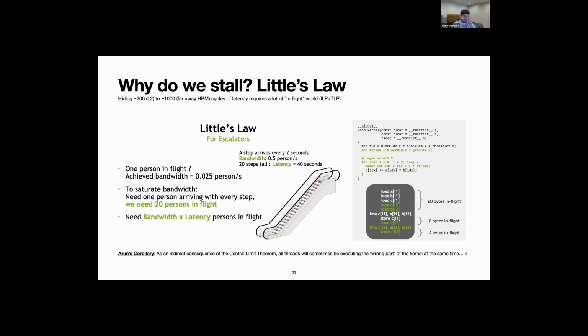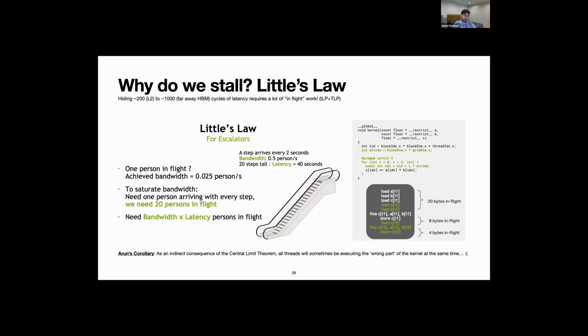This seems like it's less of a problem because there are so many threads, but actually the way memory works is it's split into 16 subchannels per SM. So in total, you've got, I think, 96 subchannels on the H100, and those all need to be fed with things to do independently.